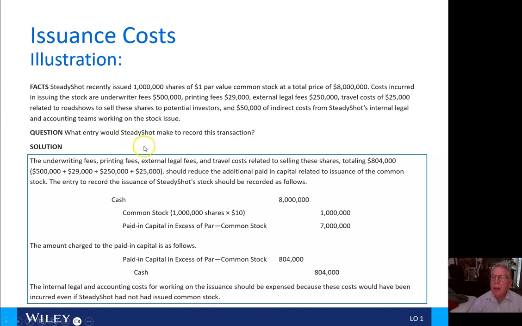Here, II-Chapt recently issued 1 million shares, $10 par value common stock at a total price of $8 million.